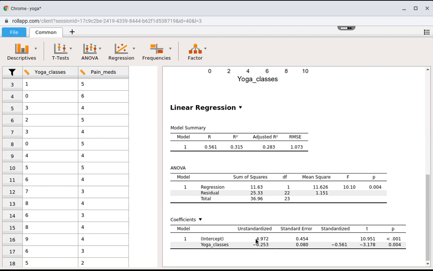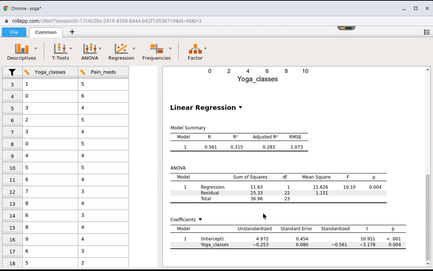Now make sure, if this number were negative, then that would have been minus 4.972. Sometimes students like to ignore negative signs, and you can't do that. If they're negative, that really has to be reflected in the equation. So again, our equation of the line would be y hat equals negative 0.253x plus 4.972.